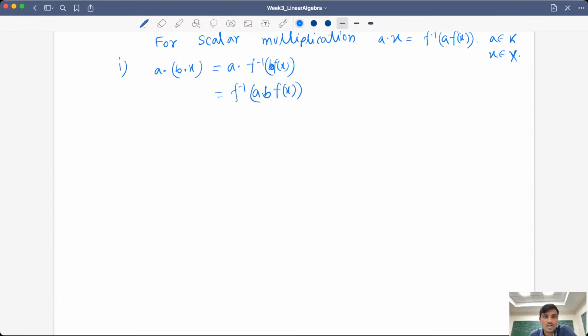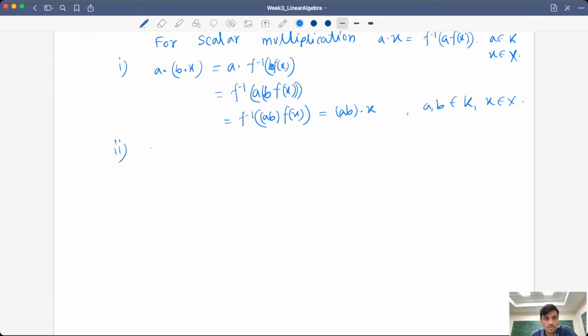And I can combine this ab both, because in the field the scalar multiplication satisfies a (b fx) equal to ab fx, right? So this is just f inverse of ab fx, so this is again by definition ab dot x, for ab belongs to K and x belongs to X.